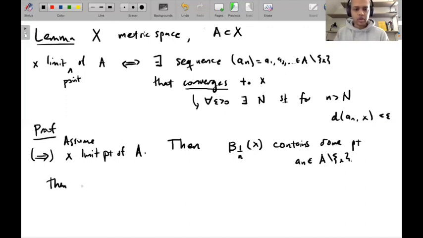So then, well, this sequence converges to x. Yeah, I mean, the distance from an to x is less than 1 over n. So in particular, given any epsilon, if you just take n so that 1 over n is less than epsilon, then you satisfy this. Okay, so that's not so bad.